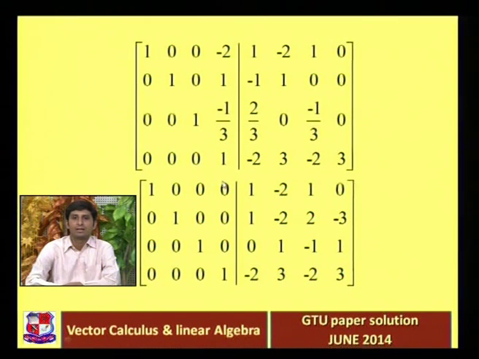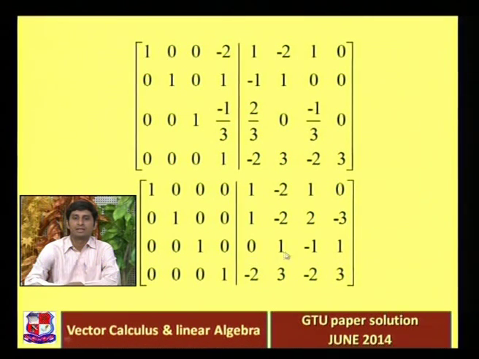You can see when we multiply the fourth row with 1 by 3, this will become -2 by 3 plus 2 by 3, so that is 0. Then 3 into 1 by 3, that is 1, plus 0, 1. -2 into 1 by 3, -2 by 3 minus 1 by 3, so -3 divided by 3 becomes -1. Then 3 into 1 by 3 plus 0, so that is 1, right.